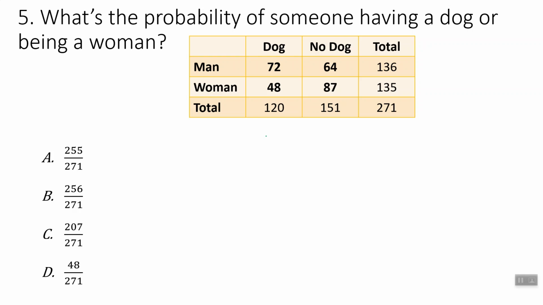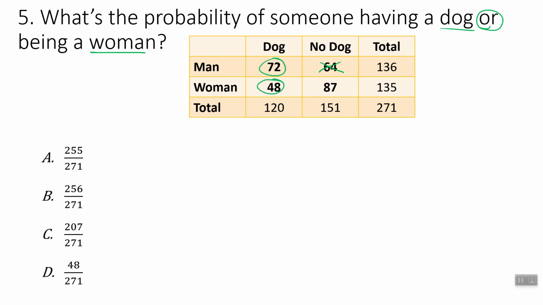All right, what's the probability of someone having a dog or being a woman? Dog or woman. All right, so we can just go through. Did these people have a dog or are they a woman? Yeah, they have a dog. We count them. How about these people? Do they have a dog or are they a woman? Nope, they're man, they're no dog. We don't count them. How about these people? Yeah, they have both. We're definitely counting them.